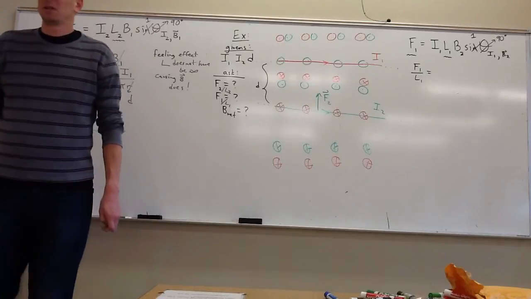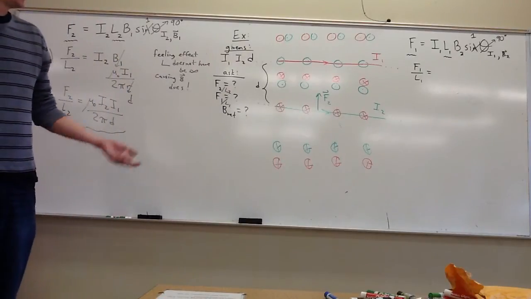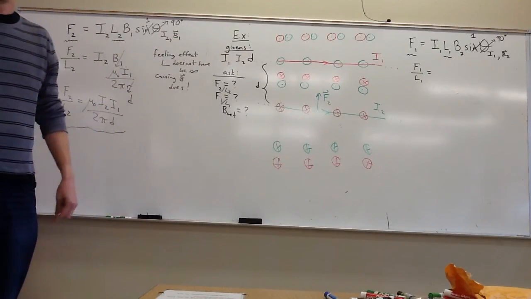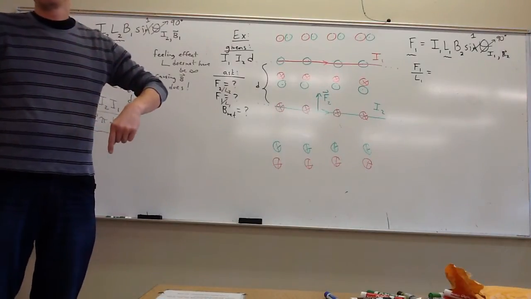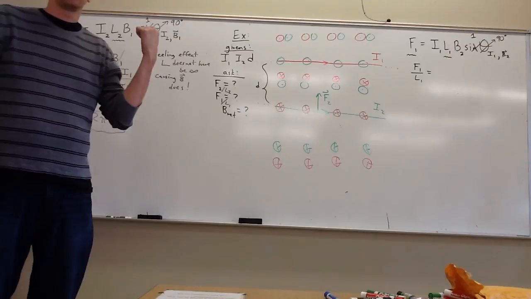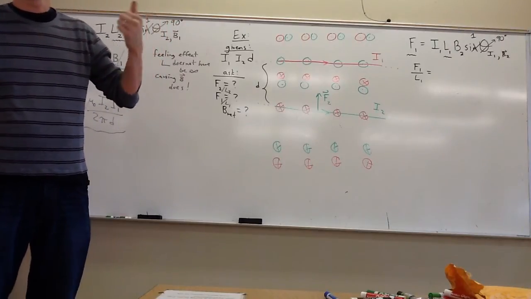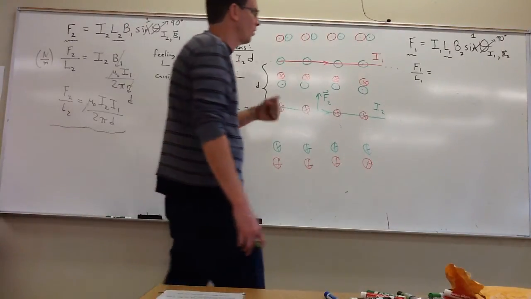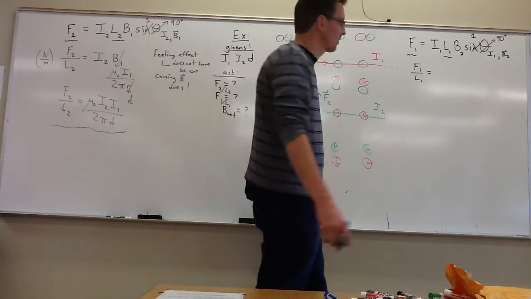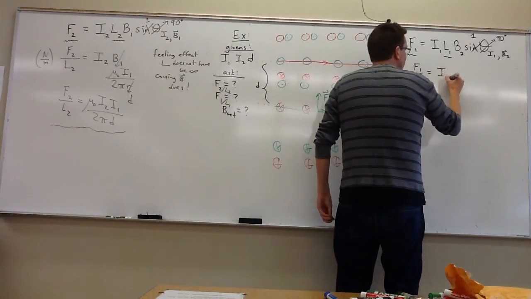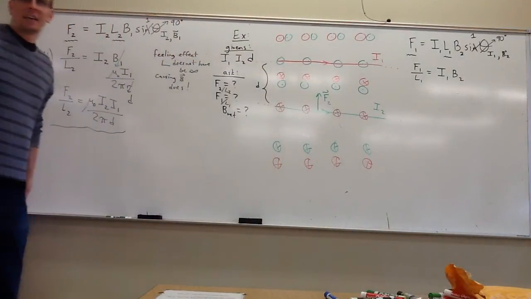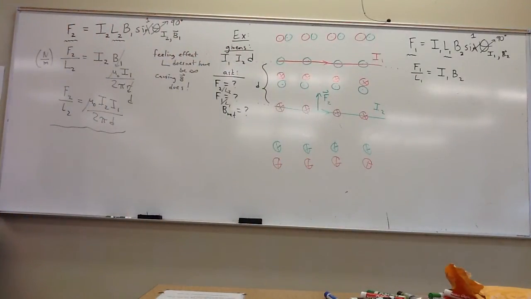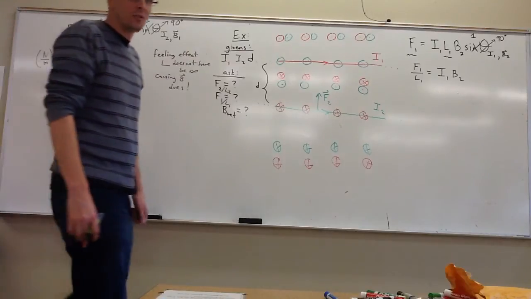What was a plus in terms of finding the field made by wire 1 for the last part, the fact that it was infinitely long, made it easy to find the field. But now it's a little bit of an issue with getting the effect. So we instead solve for the force per length. So that'll be I1 times B2. And again, we don't have to get handed on a silver platter what B2 is.